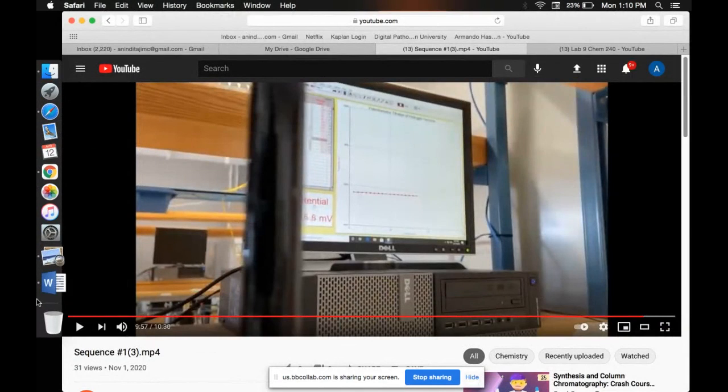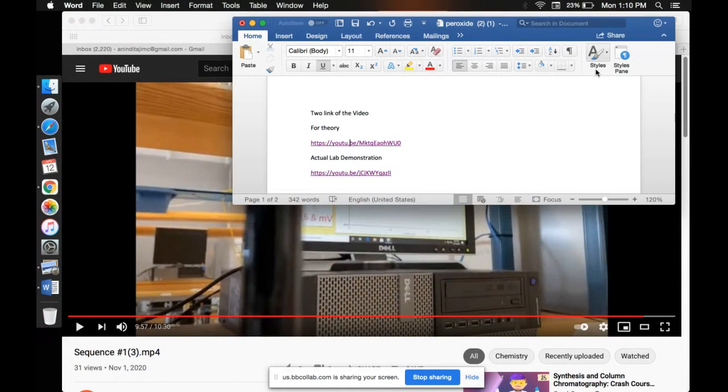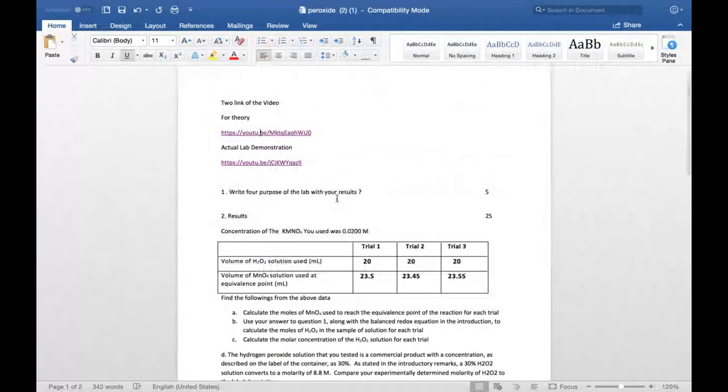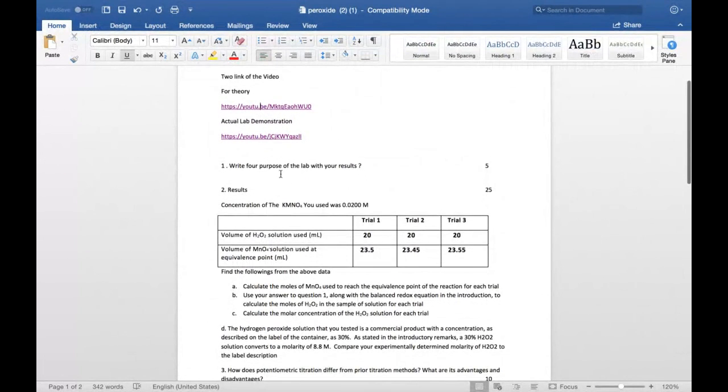Okay, so let's talk about the questions. For the purpose of the lab with your results, in the introduction part you will write down the 4 purposes with your results.